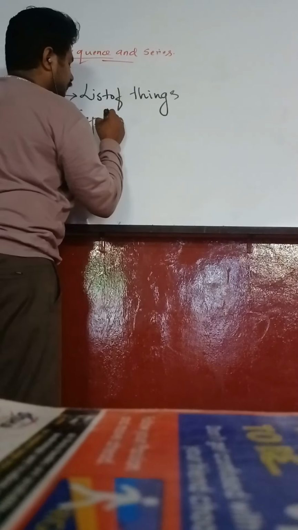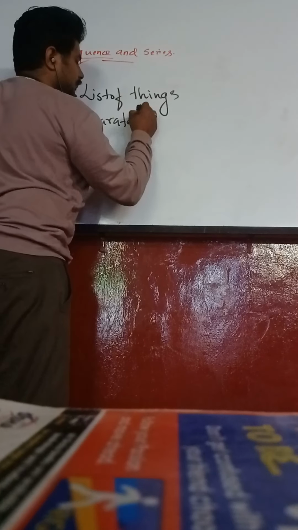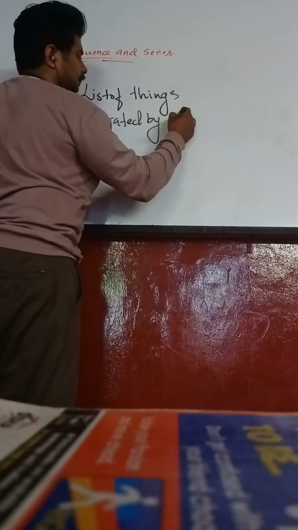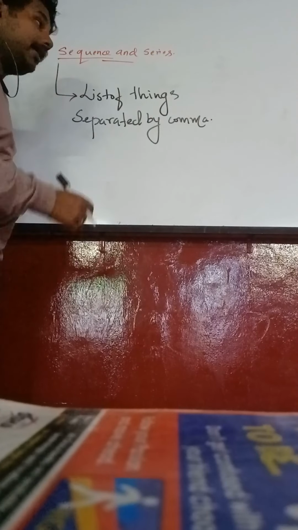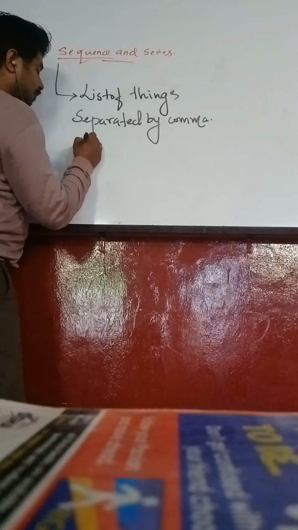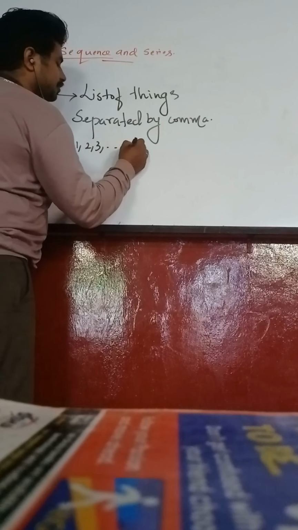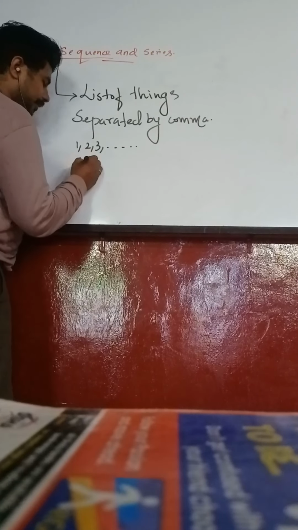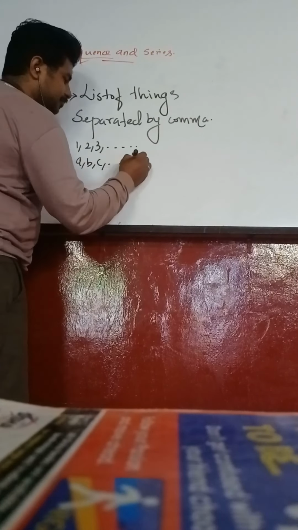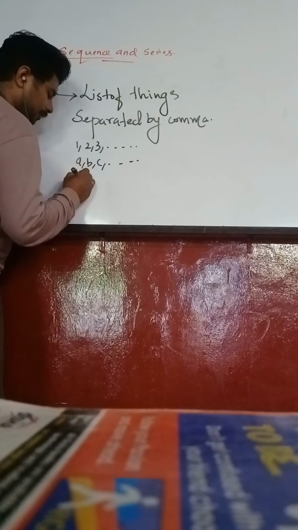A list of things separated by a comma. For example, 1, 2, 3, etc. is a sequence. A, B, C, etc. is a sequence.